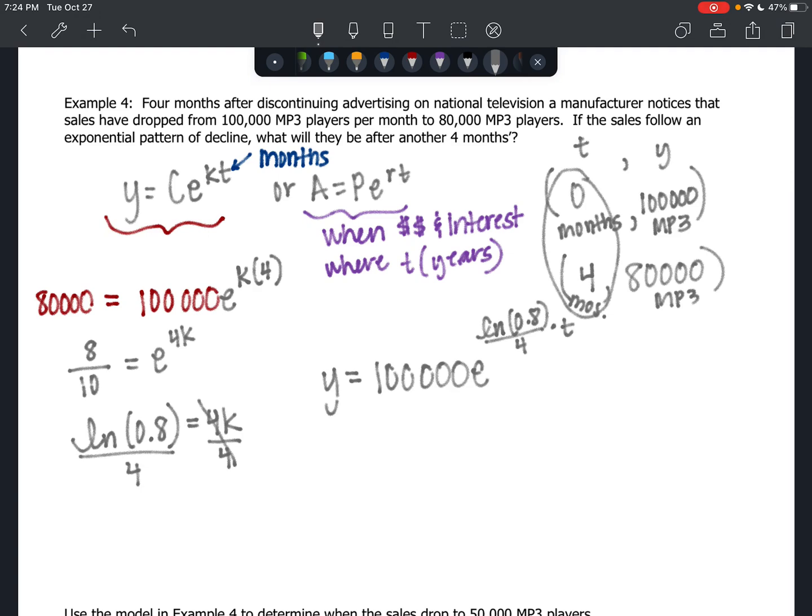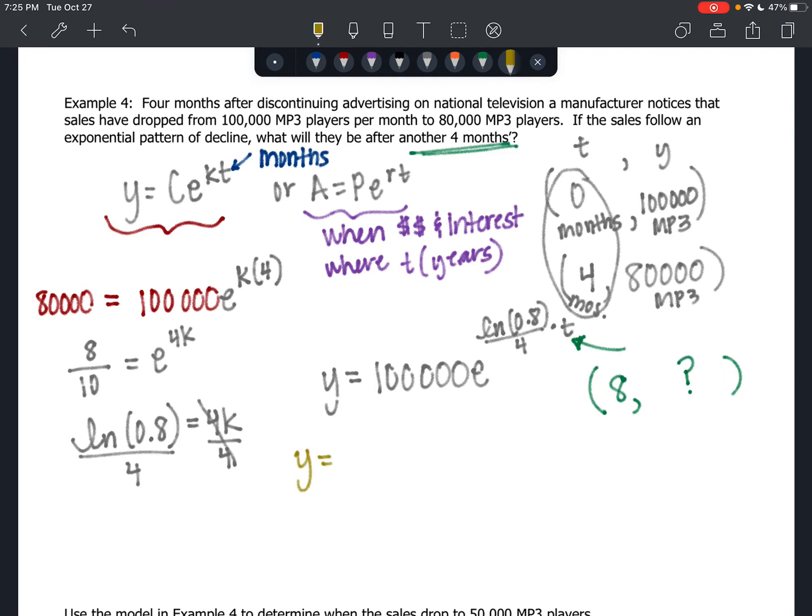So in another 4 months, what would t be? Would we really just put another 4 in there? Well, in another 4 months, I'm looking at 8, right? And I want to know what the value is 8 months after the initial. So we would not put another 4 in there. We think, oh, we just see a 4 and we're going to put a 4 in there. But you really need to think about the problem, and that's where writing your ordered pairs might be helpful.